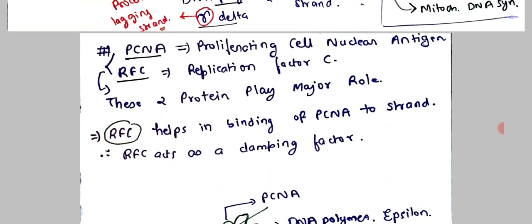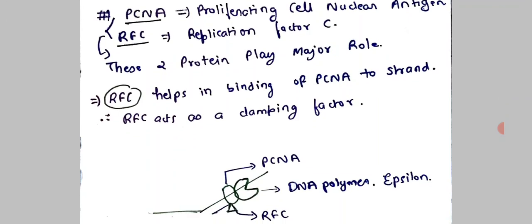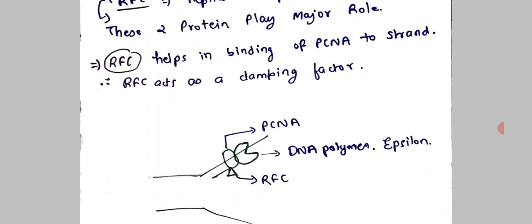Then there are two main proteins, that is replication factor A and the proliferating cell nuclear antigen, PCNA. So these two proteins play a major role. Replication factor C helps in binding of the PCNA. Then RFC acts as a clamping factor.